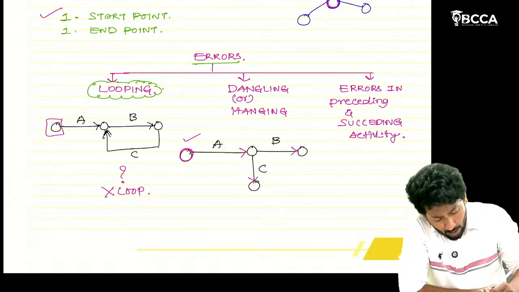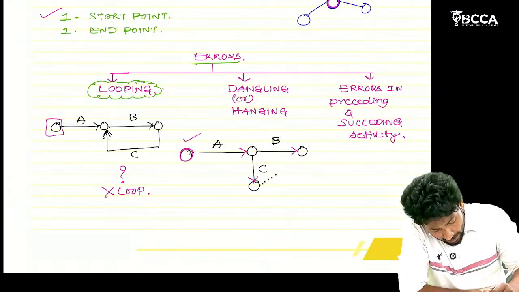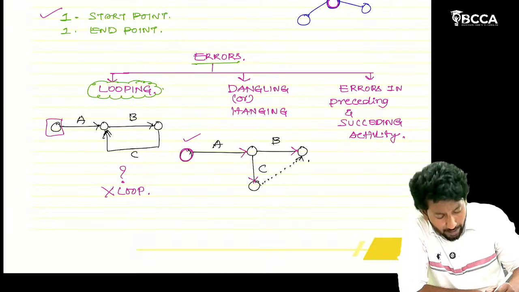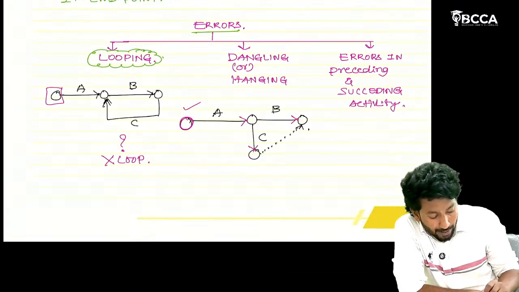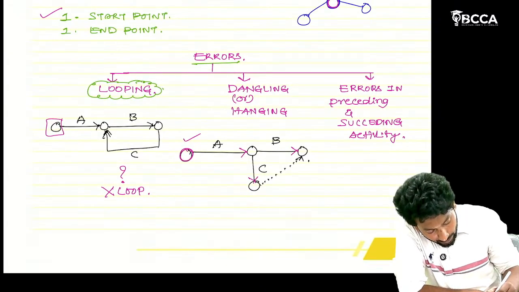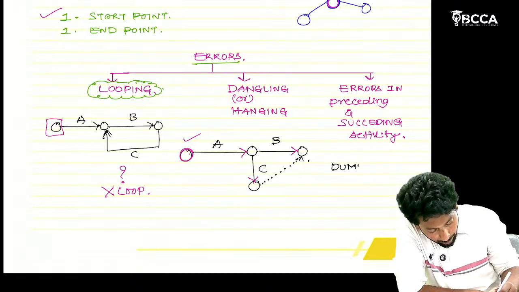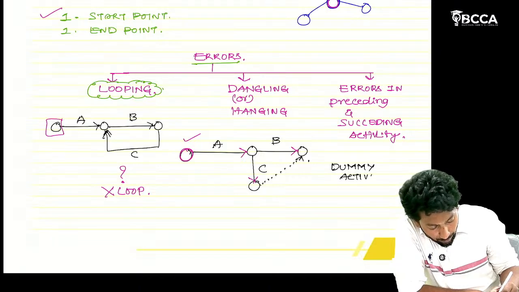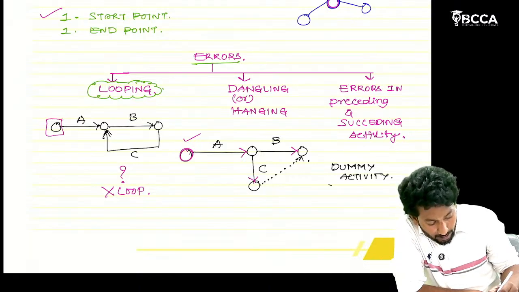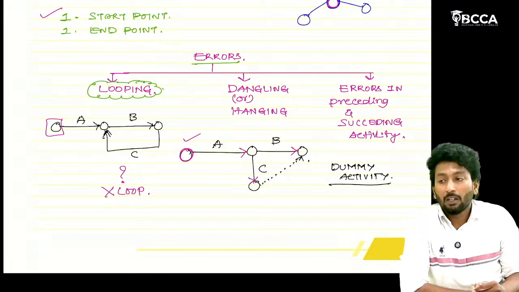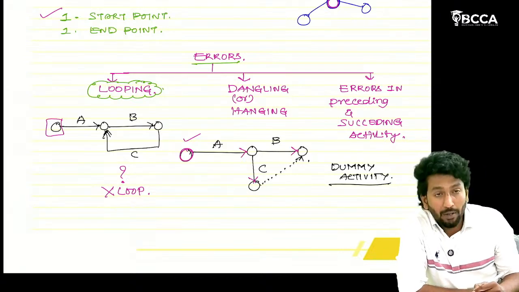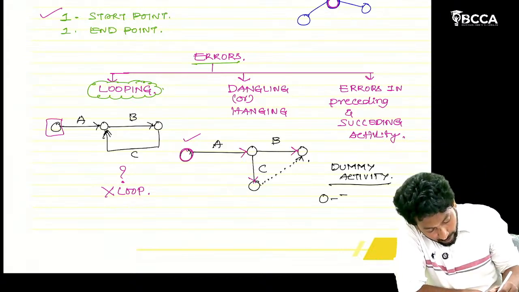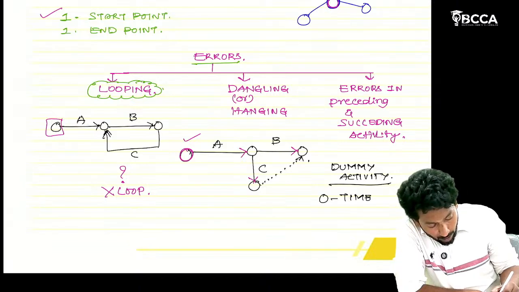That means from C to B we can draw a dummy line. This dummy line is called a dummy activity. Dummy activity means what? Dummy activity takes zero time and zero resources.